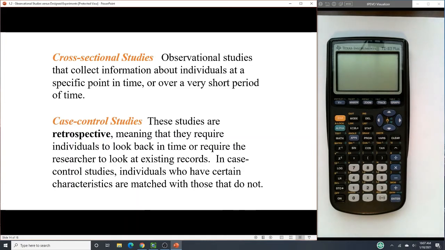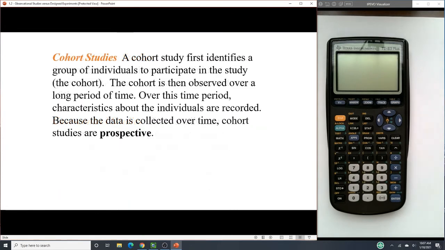Case control studies are retrospective, meaning they look back in time and require looking at existing records. Cohort means that we're following a group, and we do this a lot in college. We look at incoming freshmen and follow them through their tenure at Galveston College and see how they do.